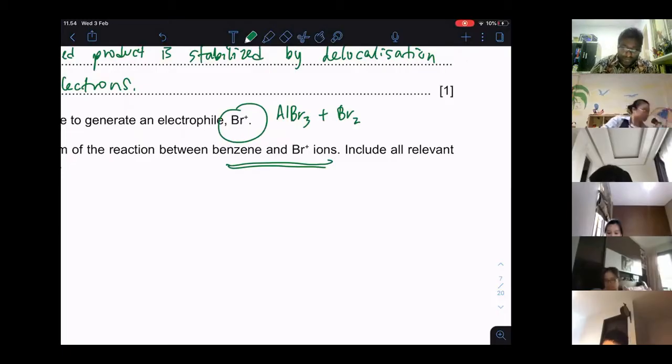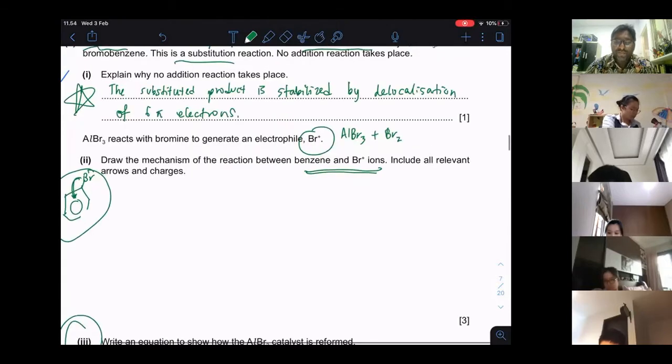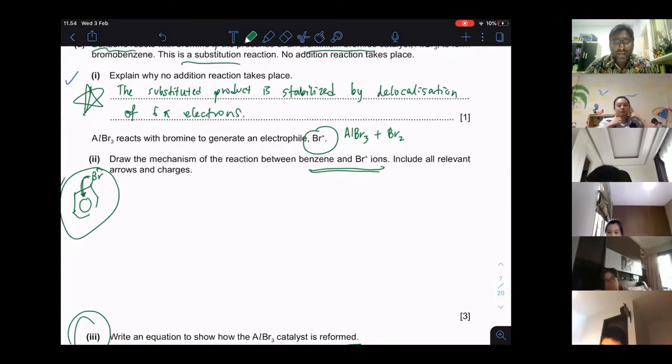You can see that AlBr3 is going to react with Br2, because when AlBr3 comes closer to Br2, it is going to induce the electrons to go more to one side, where there is heterolytic fission.